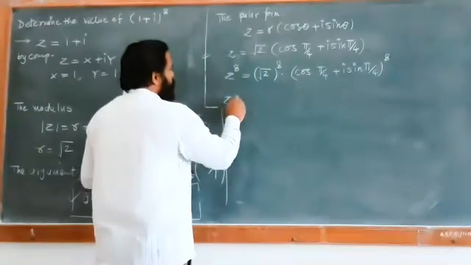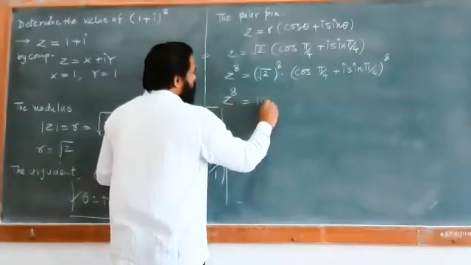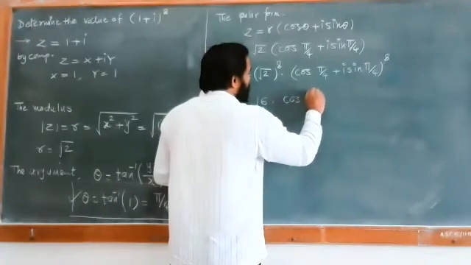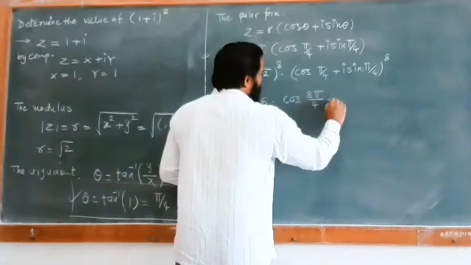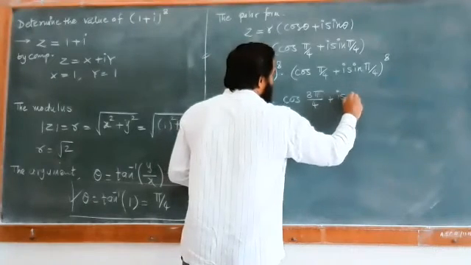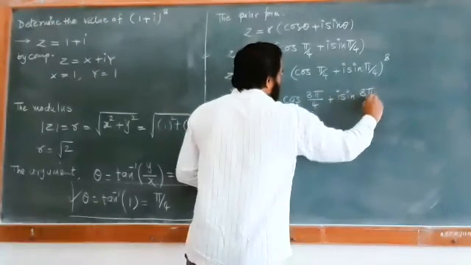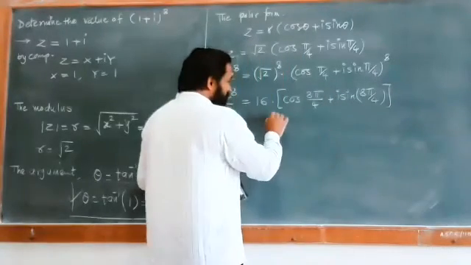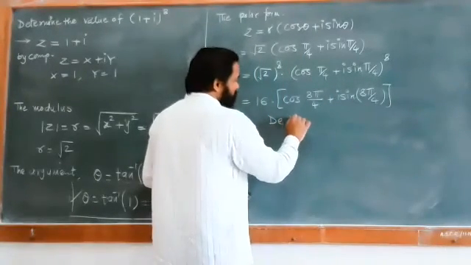So this is z raised to 8 is equal to 16 into cos of 8 pi by 4 plus i sin 8 pi by 4. Okay. What is the reason? The reason is de Moivre's theorem.